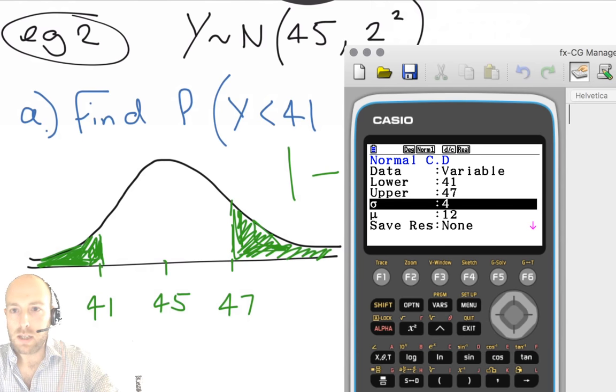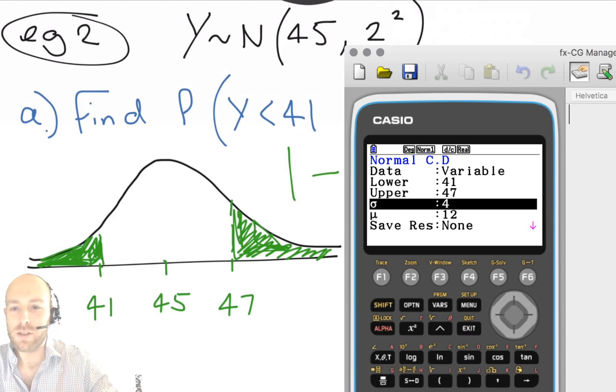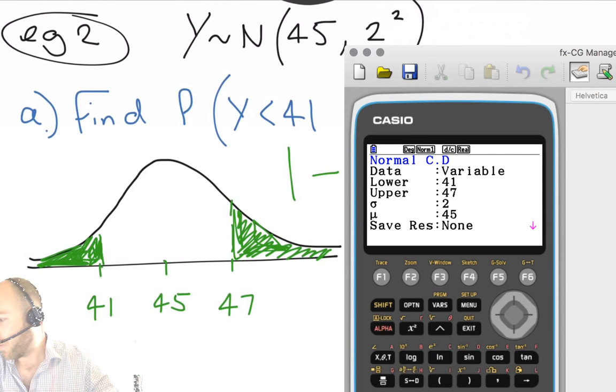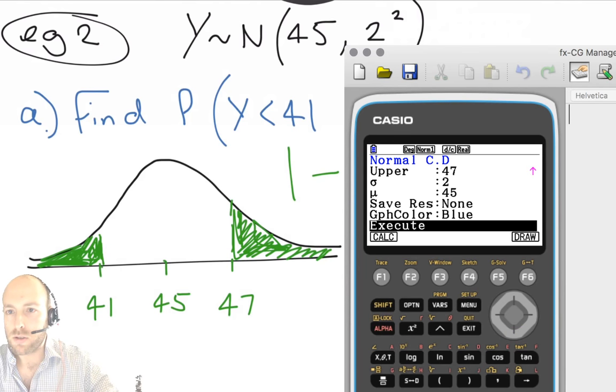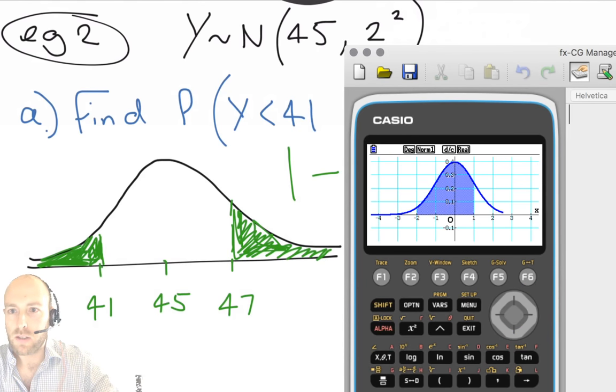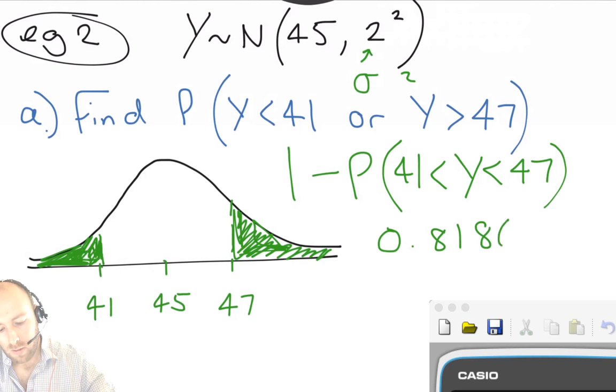Standard deviation is 2, not 4, and our mu is 45. So I type those in, do a sketch just so we can be sure we've done the right thing. That looks good to me. And it's giving me the answer as 0.8186. So remember 4 decimal places.